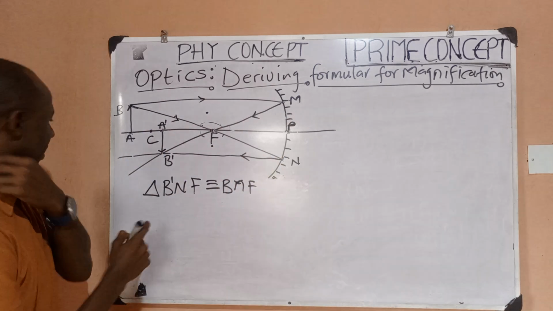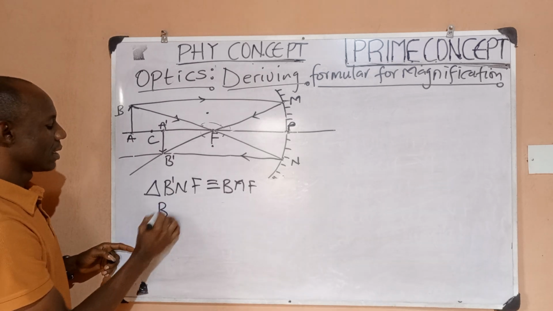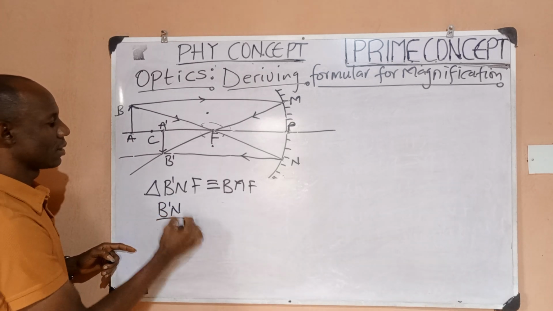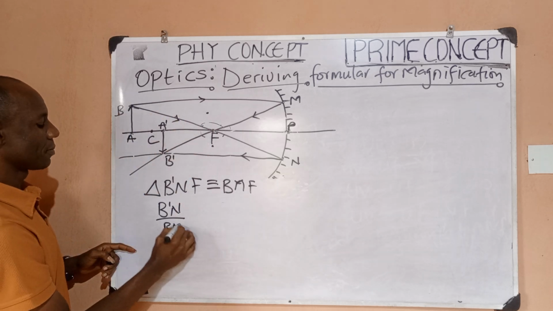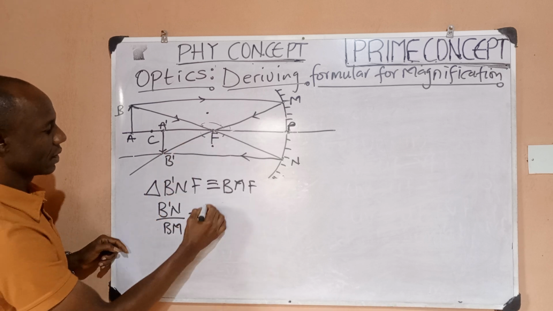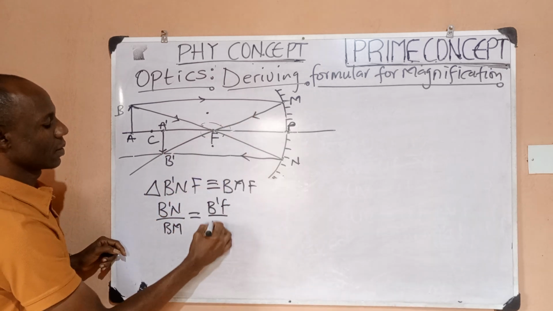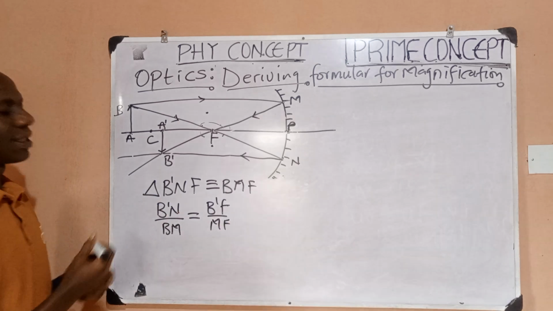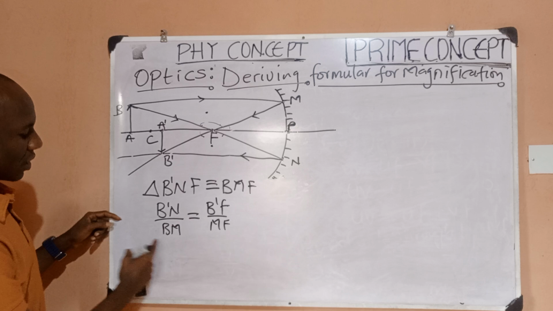Now if that is the case, I can compare the lengths of their sides. So I would have B prime N to BM should be equal to B prime F to MF.